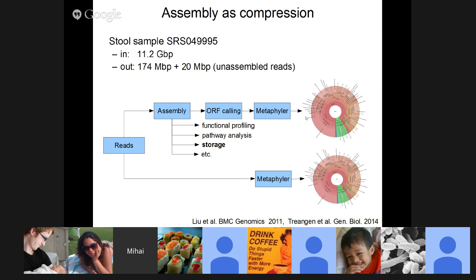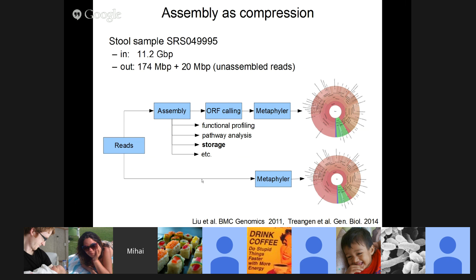And the results were essentially the same for both approaches. The only difference being that running the reads, 11 gigabase pairs, through MetaPhlAn took much, much longer than taking the same reads, assembling them, and then running MetaPhlAn on the resulting assembly. So essentially, computationally, I can do things much faster because I've compressed the data through the assembly process.